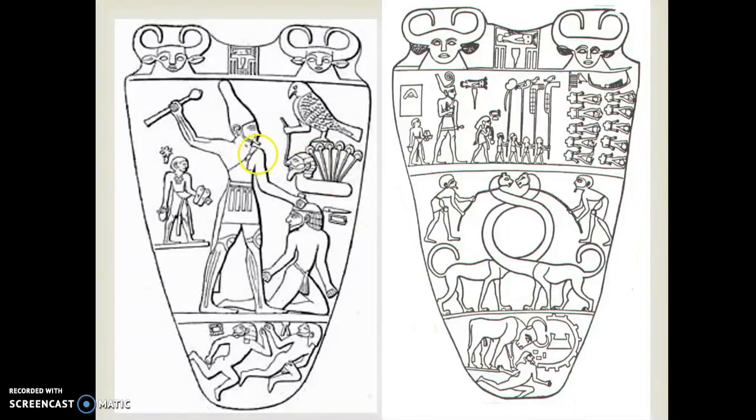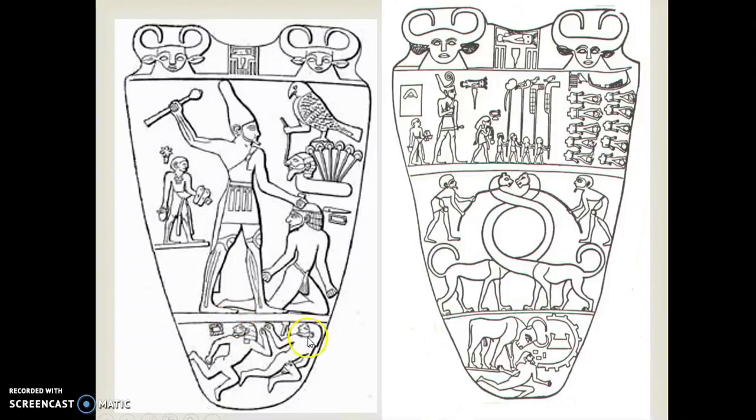Then you can see he's slaying the king from Upper Egypt. This is also a tradition where the king or general of the opposing party who is being defeated would be brought to the king, whether he's dead or not already, to be slain. So the king actually slays him, whether he's dead or not. It's kind of a ritual thing.